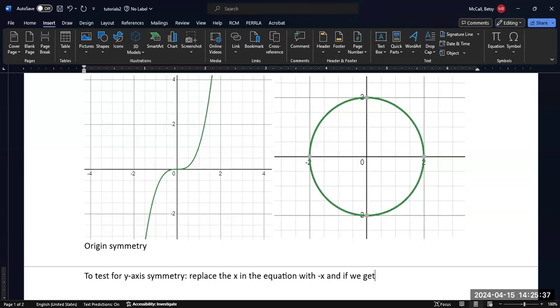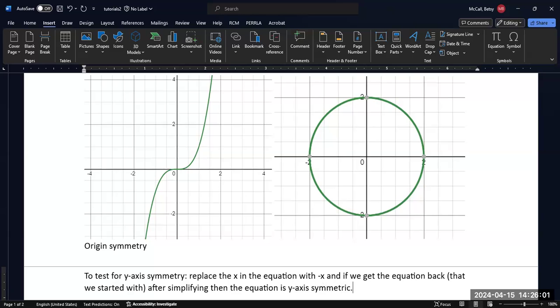And if we get the same equation after simplifying that we started with, then the equation is y-axis symmetric.